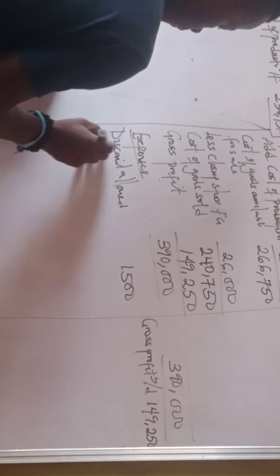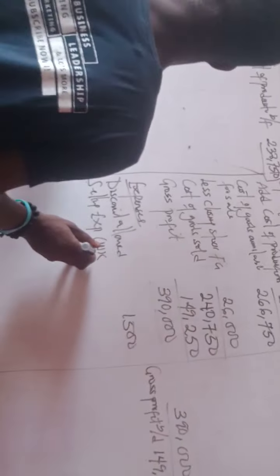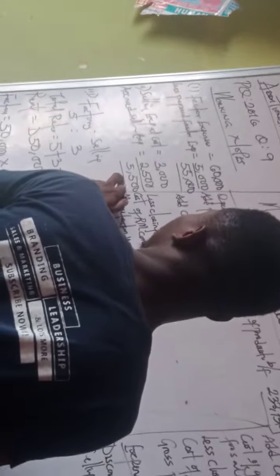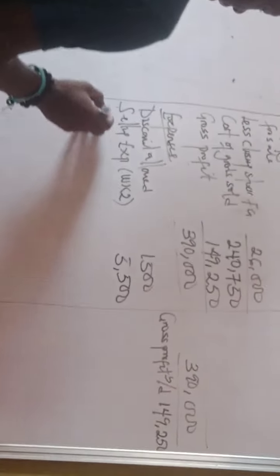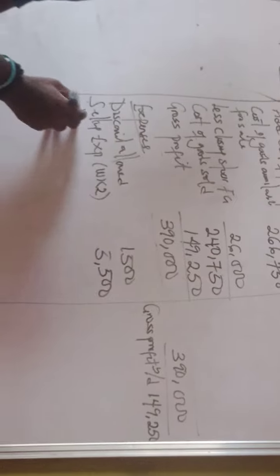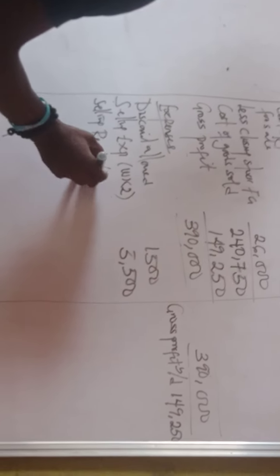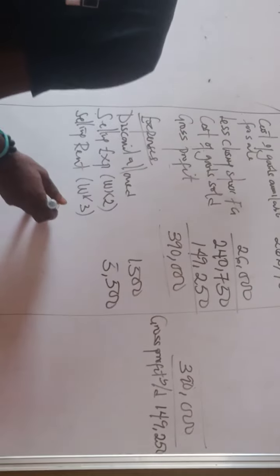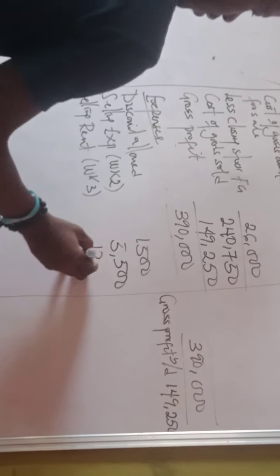Selling expenses from your working note 2, how much? 5,500. Don't forget your selling rent, working note 3, 18,750.